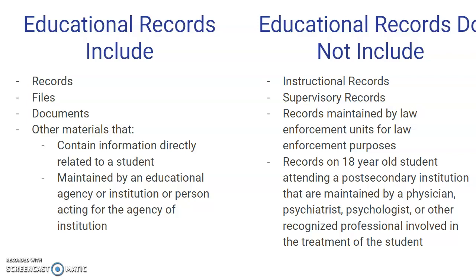What is not included are instructional records, supervisory records, records maintained by law enforcement units for law enforcement purposes, and records on 18-year-old students attending a post-secondary institution that are maintained by a physician, psychiatrist, psychologist, or other recognized professional involved in the treatment of a student.